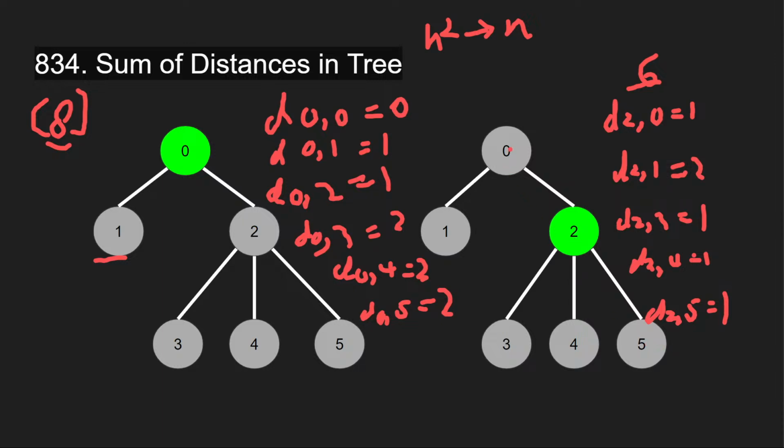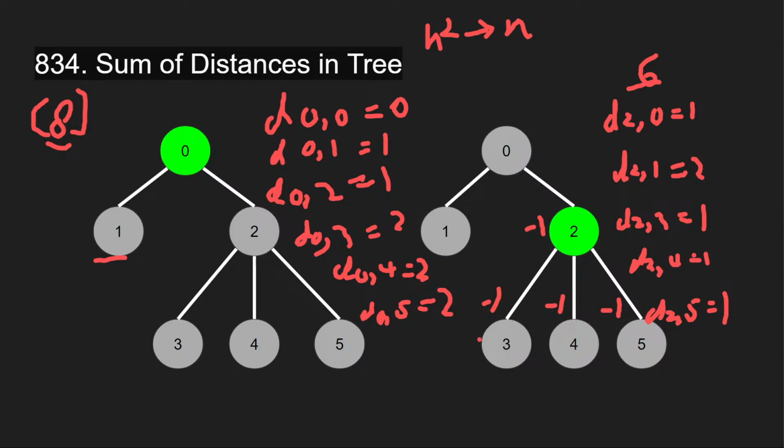So while we swap from this node 0 to another neighboring node 2, this means the distance from 0 to all other nodes, when we compare with node 2 to all other nodes, is going to be reduced. So for this node 2, it's going to be a minus 1. And similarly for this node 3, node 4 and node 5, it's going to be a minus 1 distance.